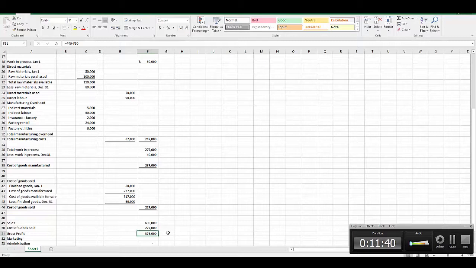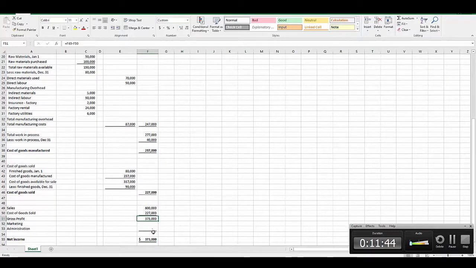However, we're not done just yet. We want to now look at deducting our administrative type of cost. So here we're given two cost categories. So we deduct our marketing cost.